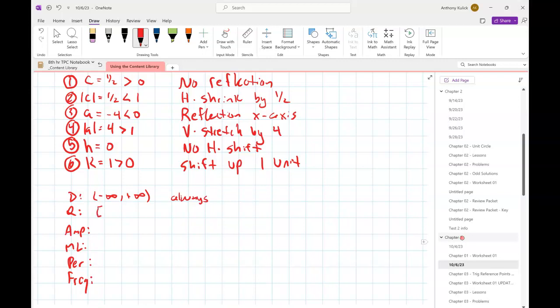The range, we're told, is K minus the absolute value of A to K plus the absolute value of A. So for us, K was 1, and the absolute value of A is 4. So our range goes from -3 to 5.